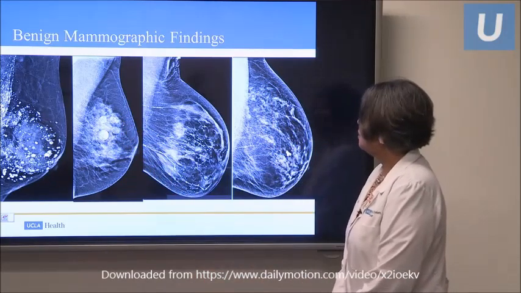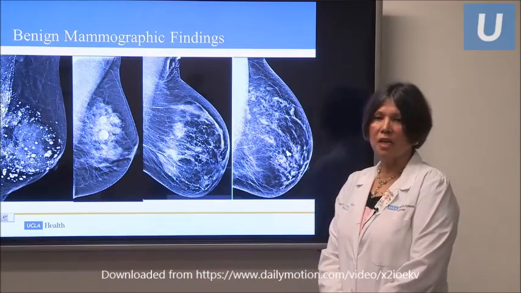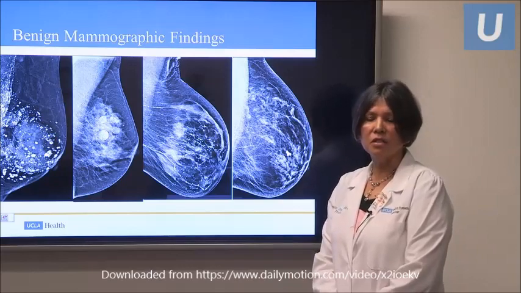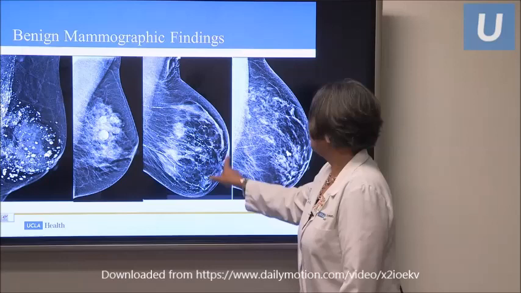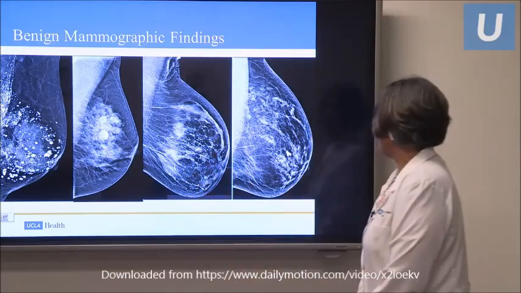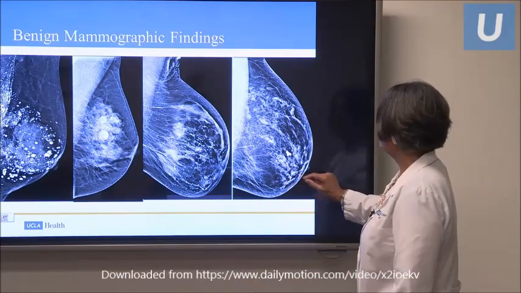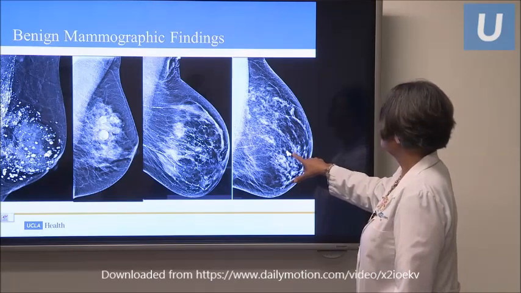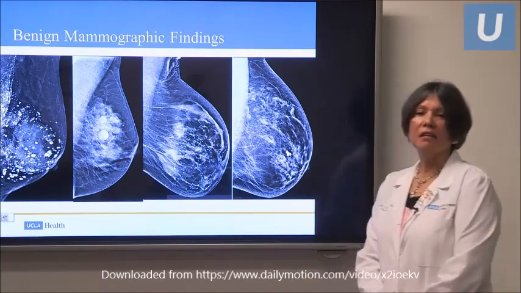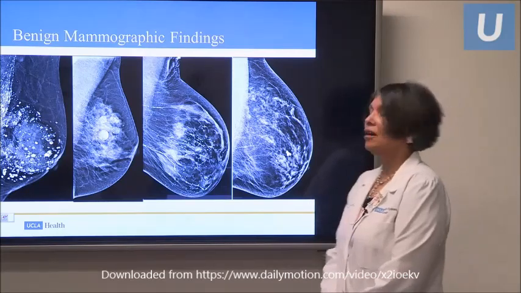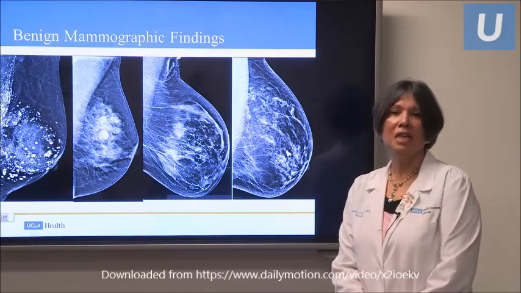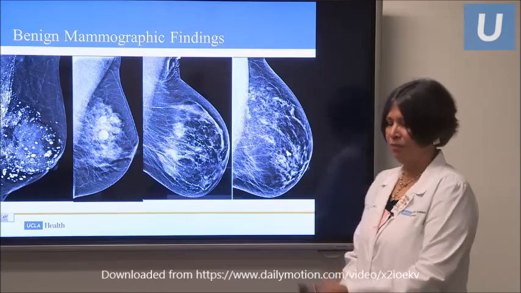The next screen is a woman who has normal secretory calcifications. The breast is a gland, and it secretes, and we just have normal secretions through here. And this one, again, is just a single coarse calcification of most likely a benign mass that has calcified through time. Often we see these, they call it popcorn calcification, known as a degenerating fibroadenoma.